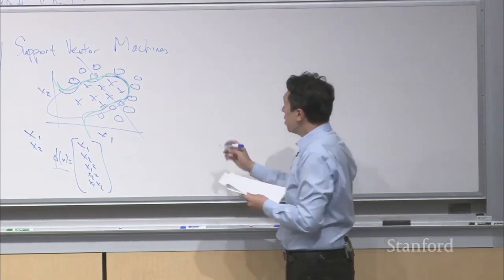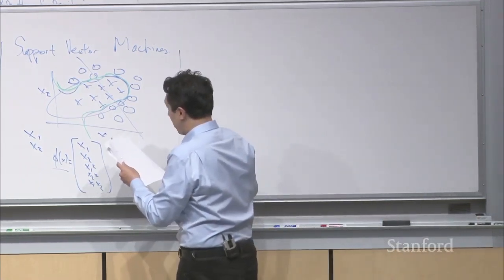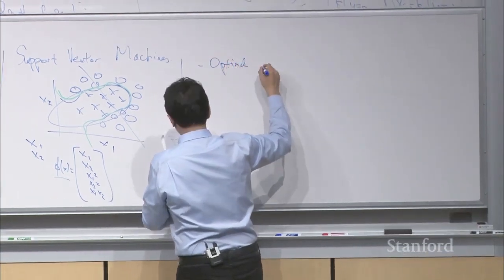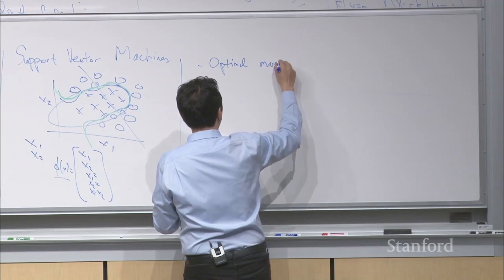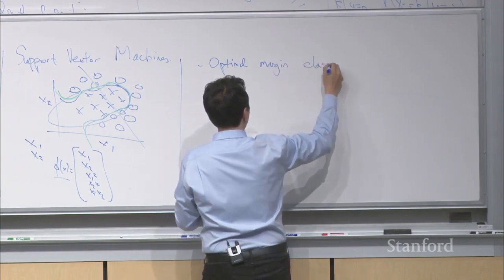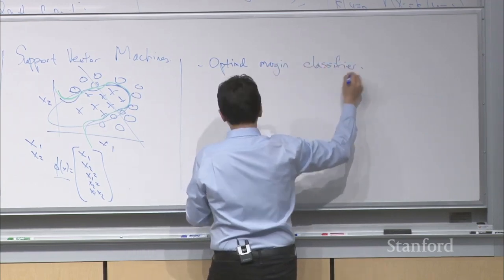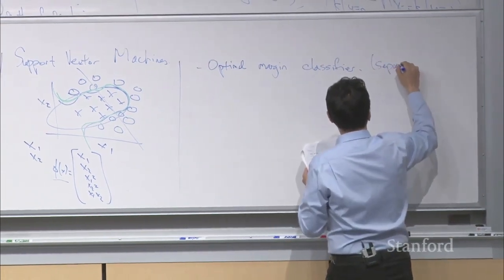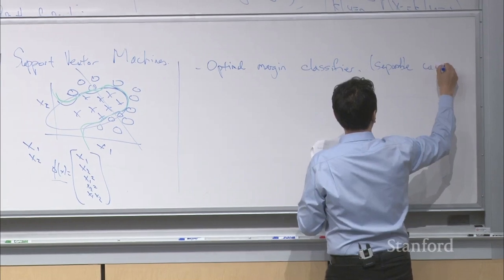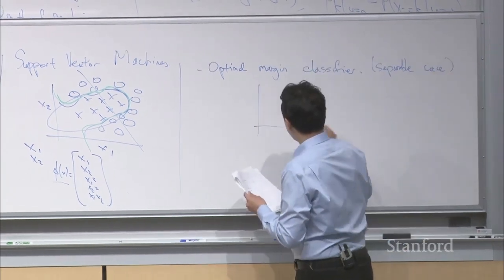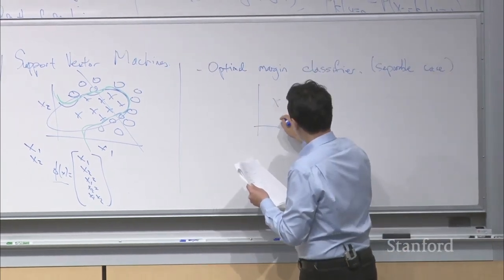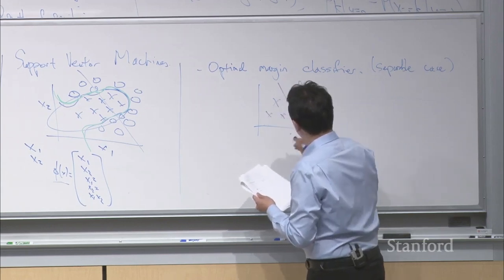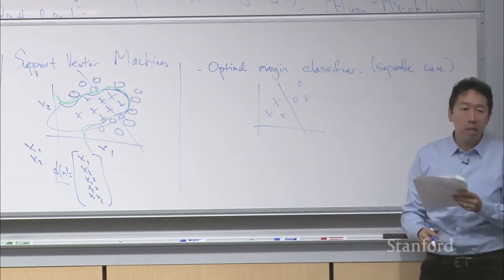So the roadmap is we're going to develop the following set of ideas. We'll talk about the optimal margin classifier today, and we'll start with the separable case. What that means is we're going to start off with data sets that we assume look like this and that are linearly separable.